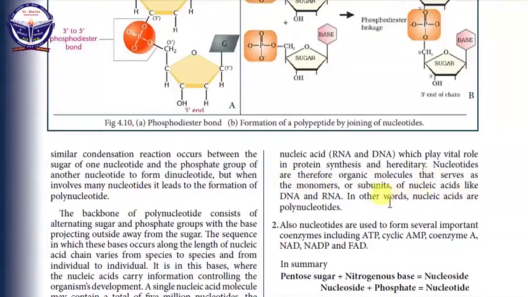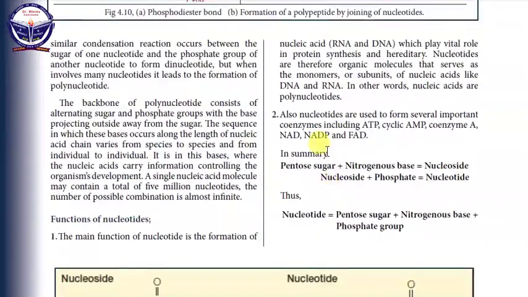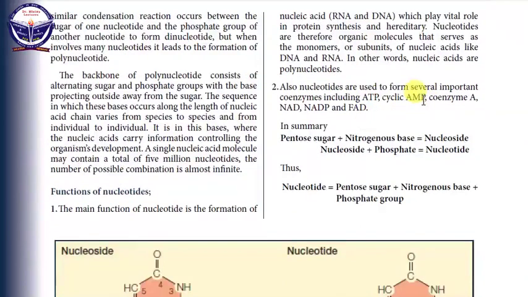In other words, nucleic acids are polynucleotides. Also, nucleotides are used to form several important coenzymes, including ATP, cyclic AMP, coenzyme A, NADP, and FAD. These are just functions of nucleotide.